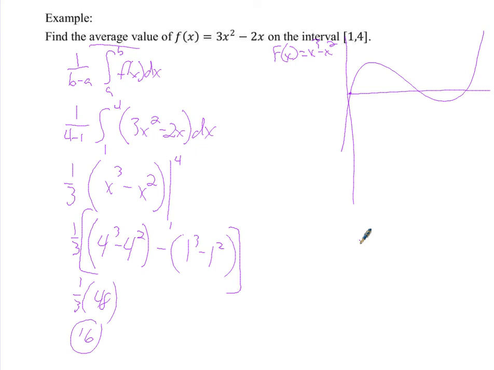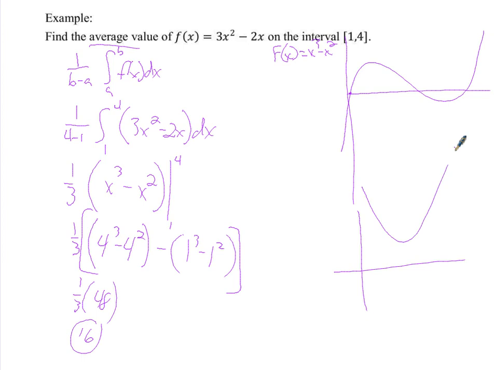Find the average value of the function from 1 to 4. Well, where is that exactly? I don't know. But what I do know is that if I graph this guy, 3x squared minus 2x, that graph's going to probably look something like that.